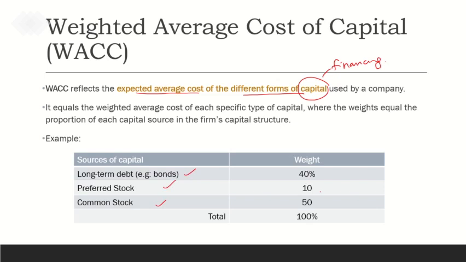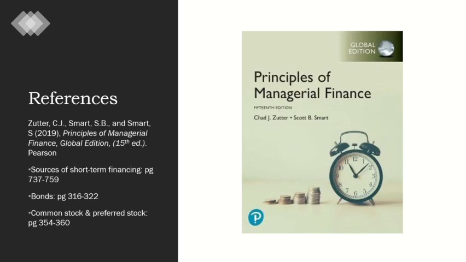Dan ia consist of berapa persen. Jadi, daripada sini, dia akan kira lah average dia berapa. Itu maksudnya kat sini awak hanya perlu tahu cara nak kira cost of capital adalah menerusi weighted average cost of capital. So, itu saja dalam chapter 9.